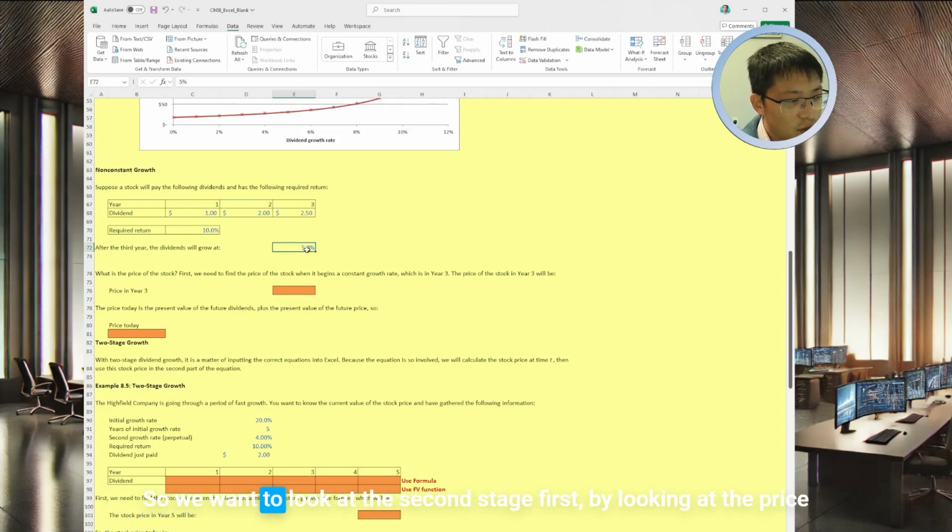So we want to look at the second stage first by looking at the price in year 3, given that it's already a constant growth model, right? Because it's in year 3, we can generalize our equation D1 over R minus G into P3, the price at year 3, is equal to D4 over R minus G. This is what we're going to do.